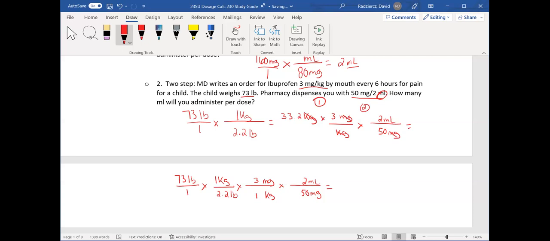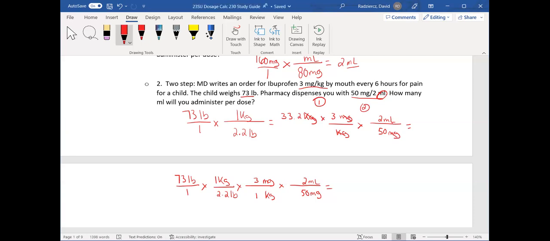I've noticed over the years that nursing students don't really like to look at this because there's a lot of numbers here, but all you need to do is multiply across the top. So 73 times 3 times 2, and then divide by the bottom, divide by 2.2, then divide by 50. I'm basically going to get to approximately the same answer here. So let me just show you what that would be.